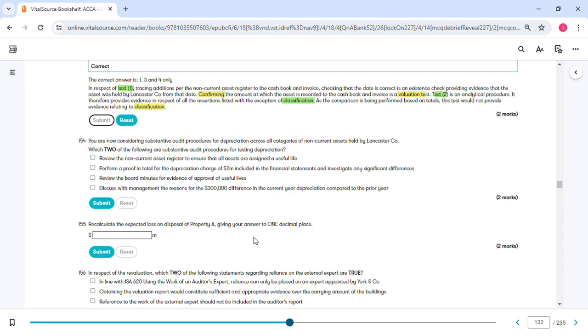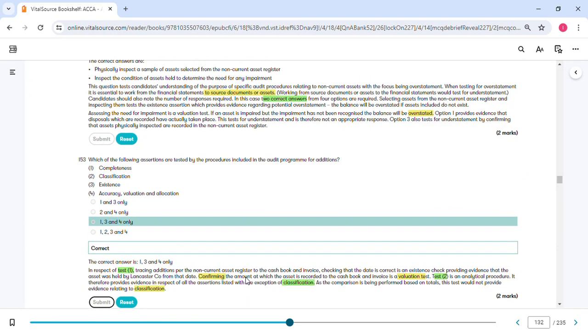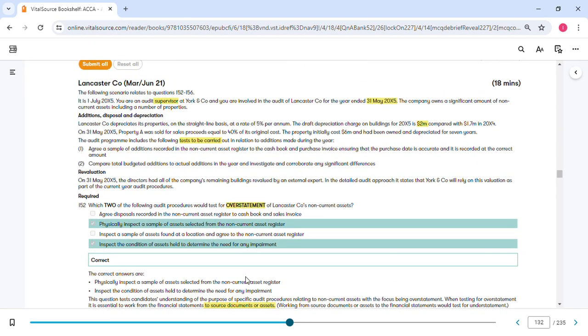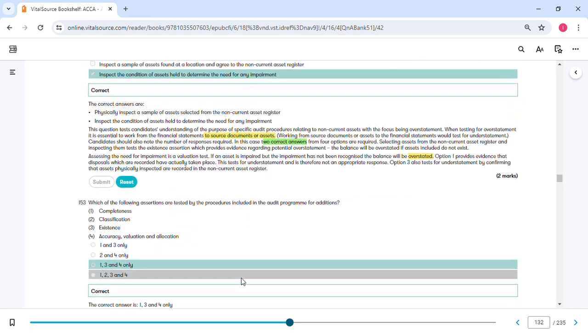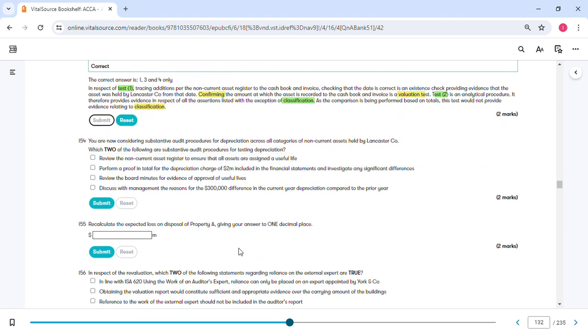Can you go back a little sir to the scenario? Okay, sir. I will choose the second option. Perform a proof in total for the depreciation charge of 2 million included and investigate. Yes, Laila.